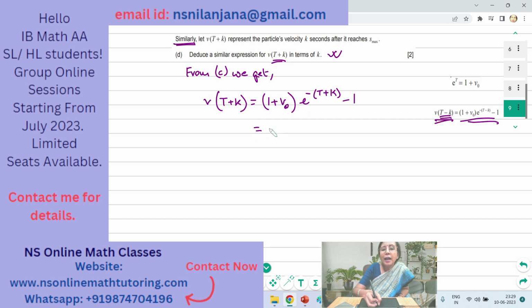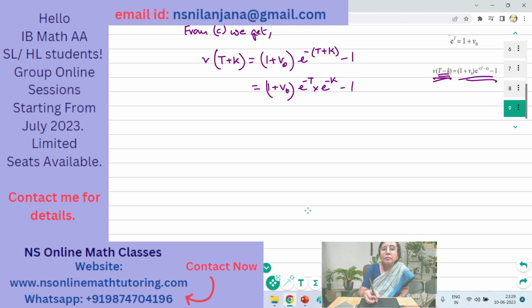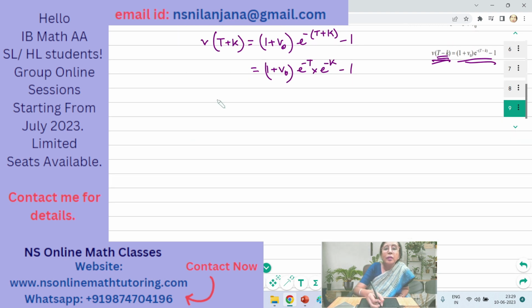And again, I'll be separating: e to the power of negative capital T times e to the power of negative k, minus 1. So V of capital T plus k is equal to 1 plus V0 over e to the power of capital T, times e to the power of negative k, minus 1.